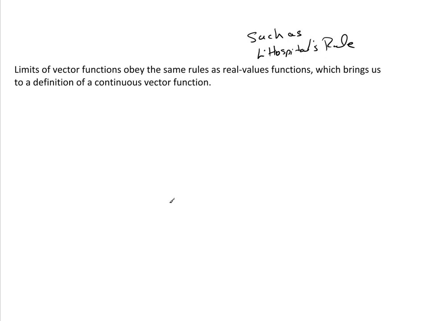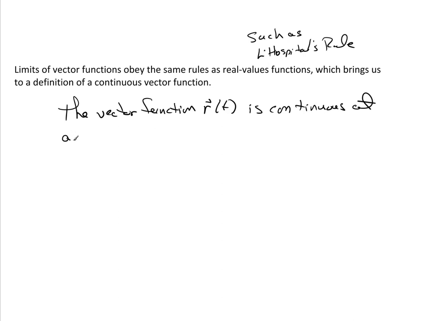Now, this brings us to the definition of a continuous vector function. The vector function R of t is continuous at some value a if the limit as t approaches a of R of t is equal to R of a.